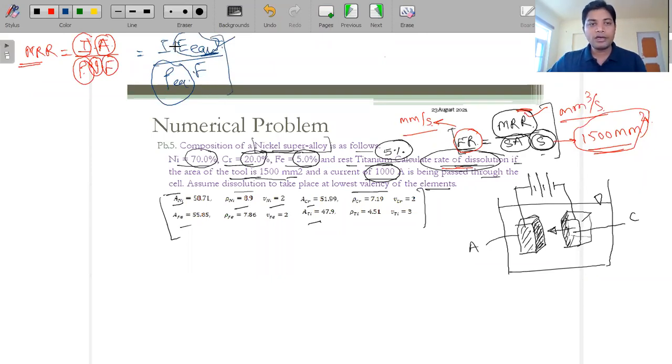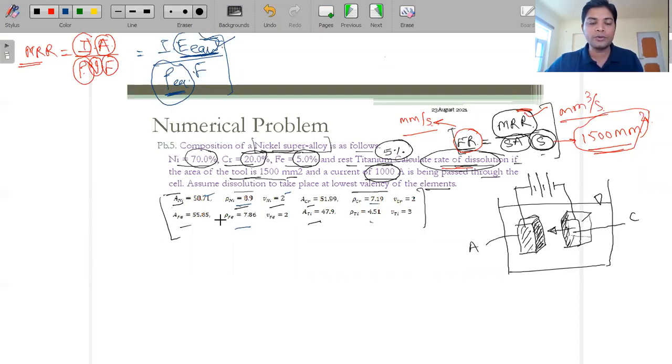But here you have to calculate the E equivalent, because there are a total of four elements. This is a quaternary alloy, we can say. Because four elements are there, the atomic weight and the valency are given to you for the four elements, and a single density of the quaternary alloy is not given to you, but the density is given for all these elements.